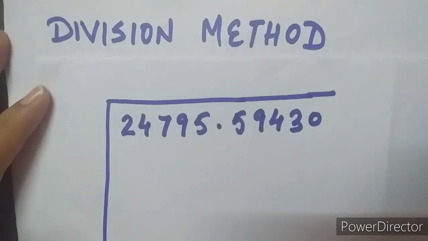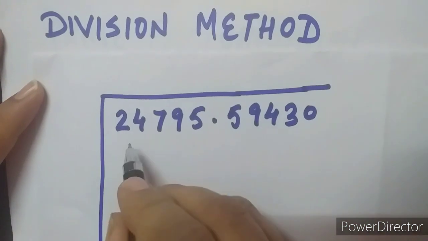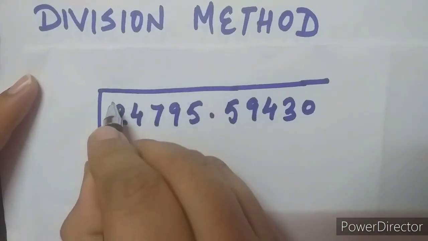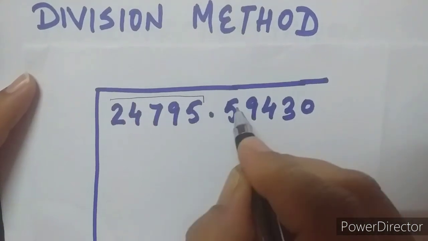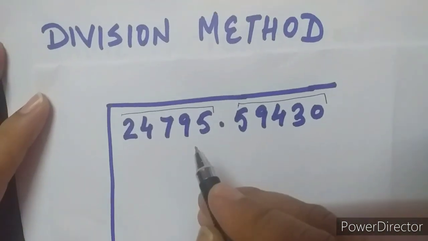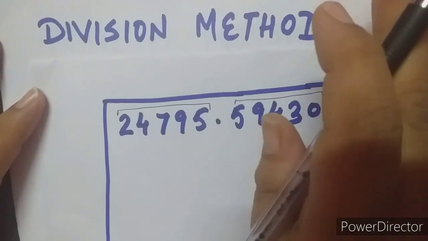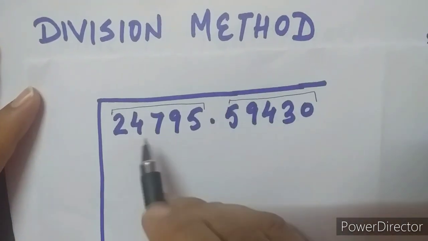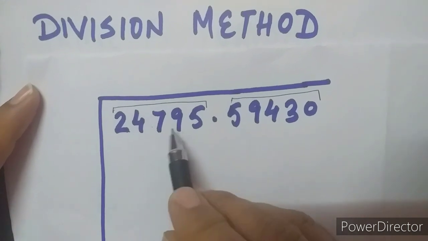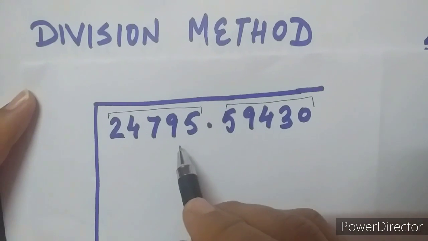So here this decimal number has two parts. One is the integral part, and the part after the decimal is called the decimal part. Now suppose there was no decimal part, then the number would have been only 24,795. Then what would have been our way of pairing?